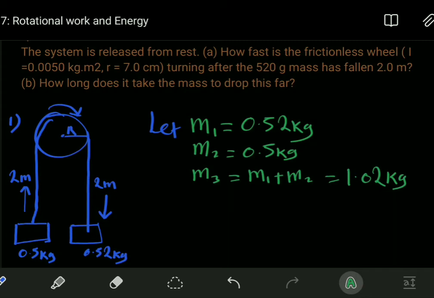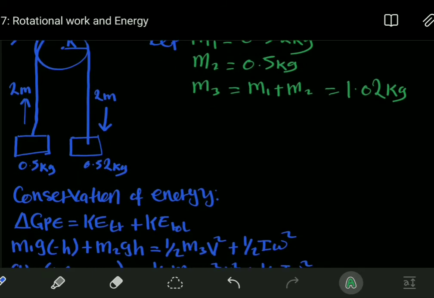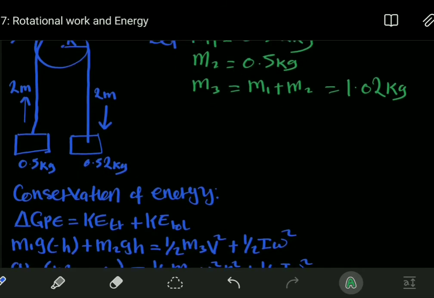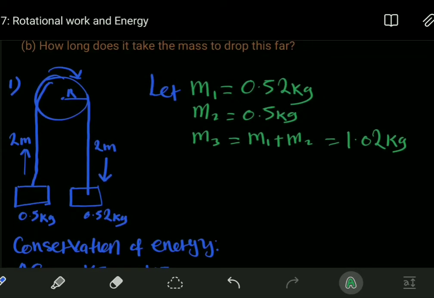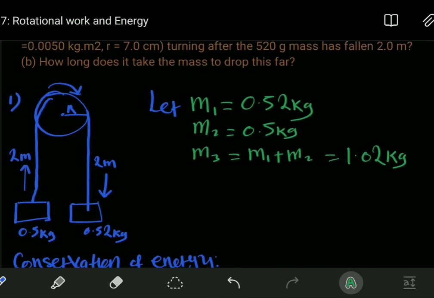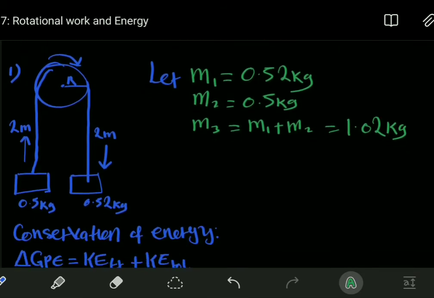Okay, so now let us consider the conservation of energy for this system. Notice here that if we release this system, or set it into motion, we are going to have the lighter mass gaining potential energy, and the more massive object is going to lose some potential energy because it's going downwards.